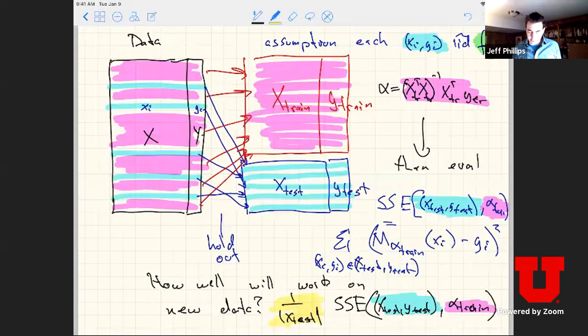Often you take the root of this, and then it's more like a standard deviation instead of a variance. Okay, so I'm getting the root mean squared error.